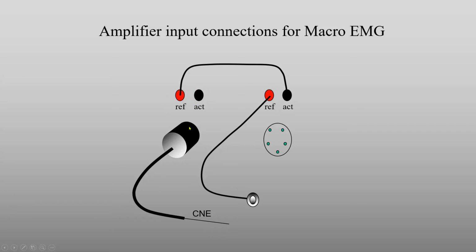What you have here is an ordinary concentric recording. But if you take a cable and connect this reference, which is the cannula, and make that to the active here, and use a surface electrode as reference, then you have obtained a macro recording on channel 2. So it only takes a surface lead and it takes an extra little cable.